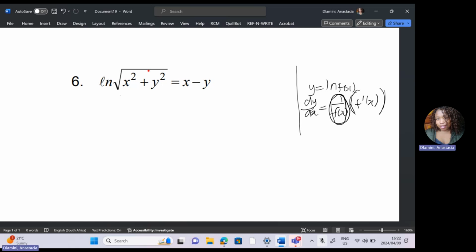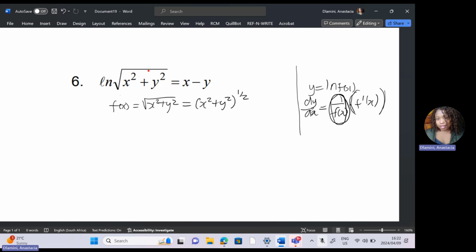So in this case, our f of x is the square root of x squared plus y squared, right? So this can be written as x squared plus y squared to the power of half.